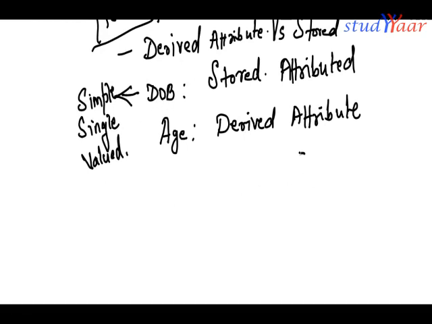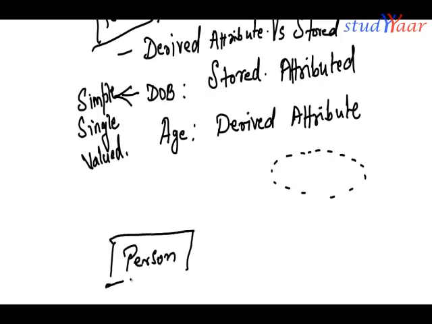It is via a dotted oval. So we have the person and we have his age or her age, if you will. That's the representation of a derived attribute.